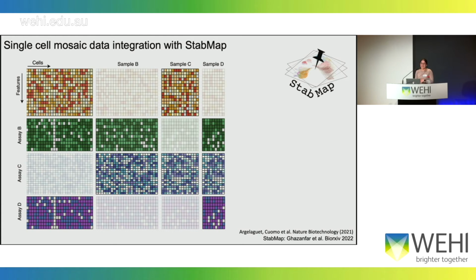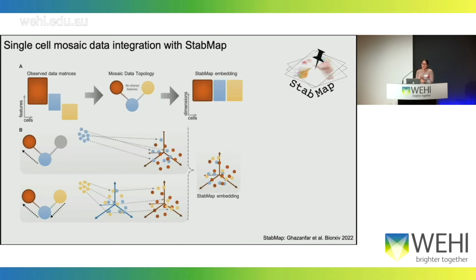So this is a stabilized mapping approach that essentially takes in a set of data matrices, so long as there is some overlap among the entire set, where you can infer a mosaic data topology, so you can get a connected network here.